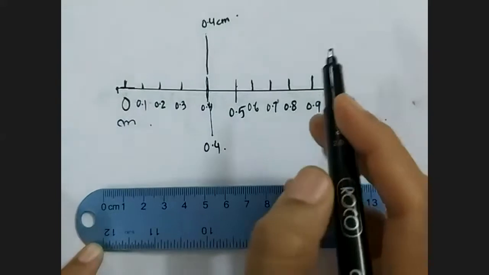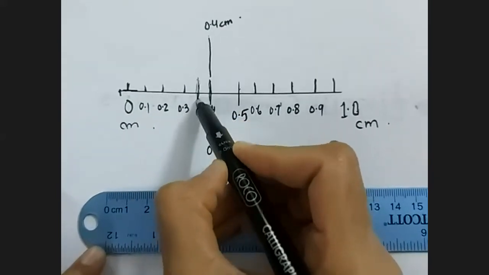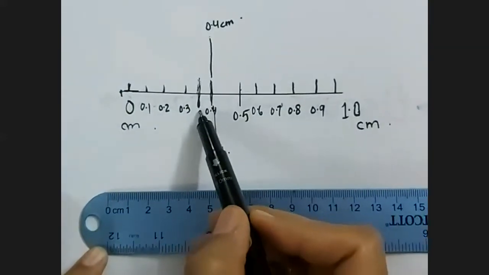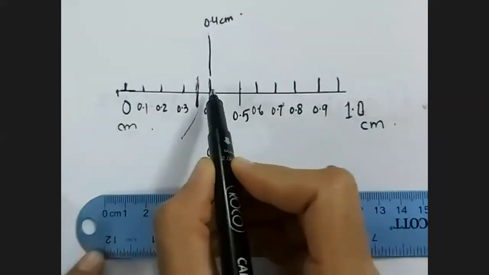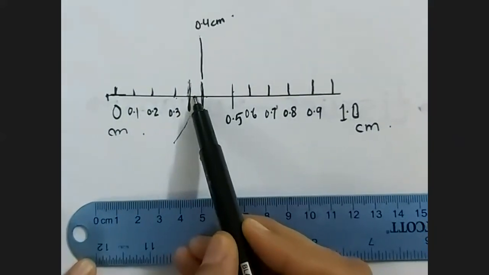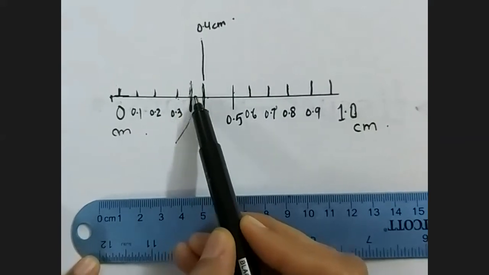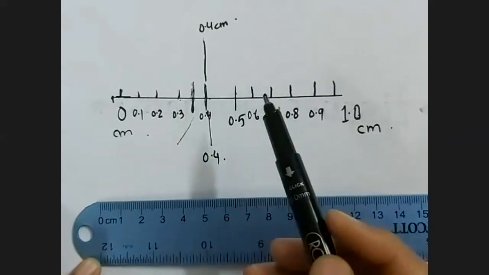Because if something touches this line exactly, I know exactly that this is 0.4. But what if something lies here? Is this midway between 0.3 and 0.4? Or is it more than midway, or less than midway? I don't know. I can only guess, or estimate.